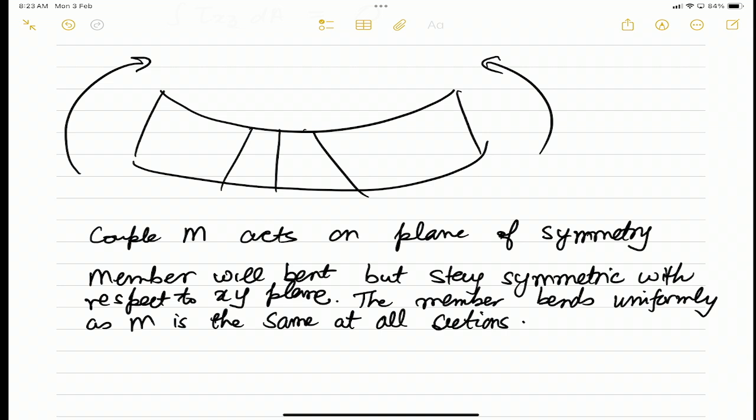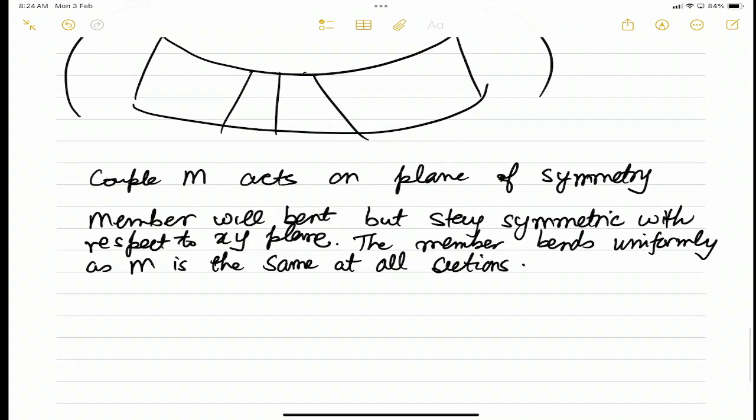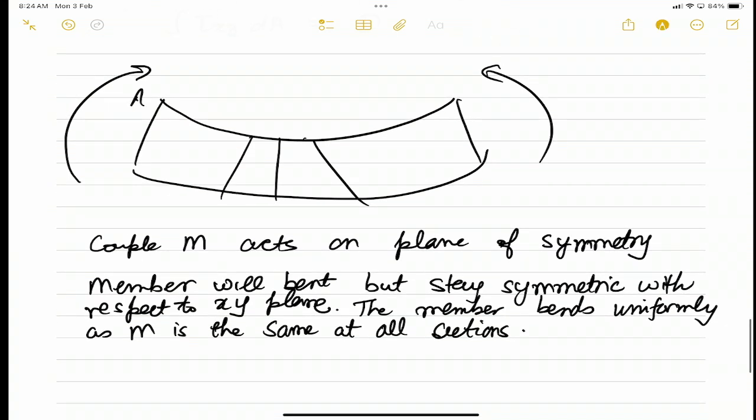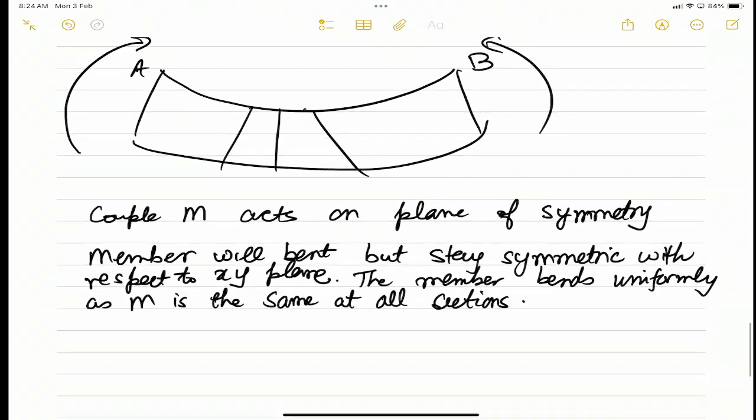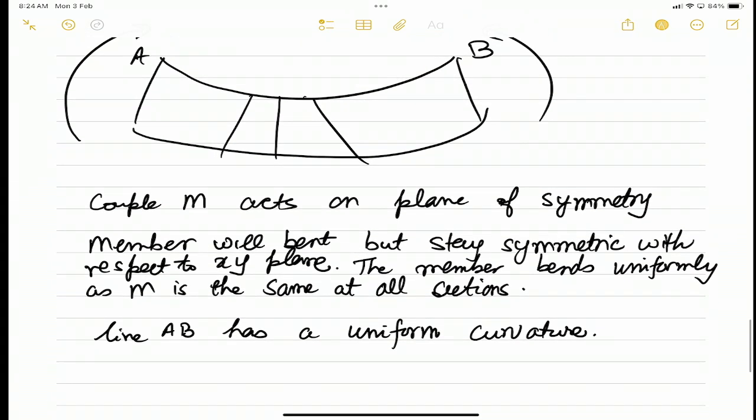So what would you expect would be the shape of this line AB? The line AB which was at the top here. Its curvature, because at each section the moment is the same.